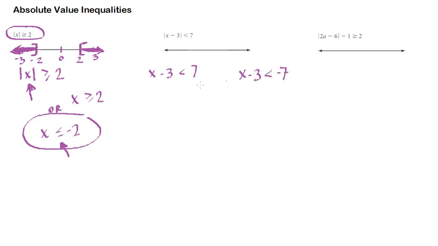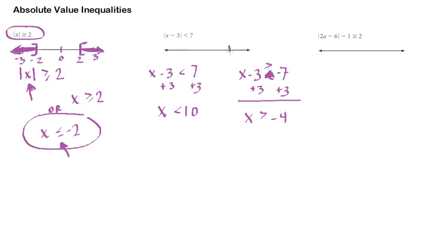Solving this just like normal, add 3, I would see that x can be less than 10, and then x must be, let's see, add 3, and that is x is less than, oh, I didn't flip it. Goes to show you how easy it is to make that mistake. I said it, but I didn't do it. I was supposed to flip that inequality, wasn't I? All right, so then I have a negative 4.